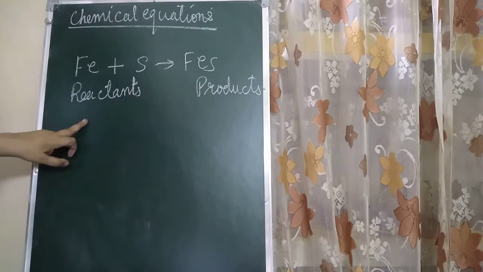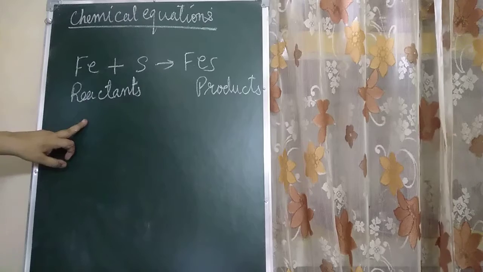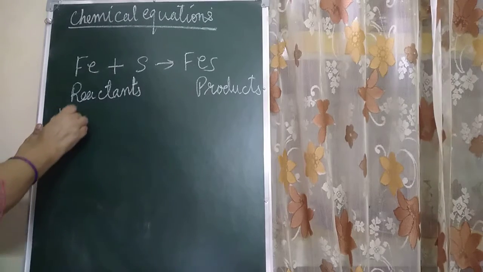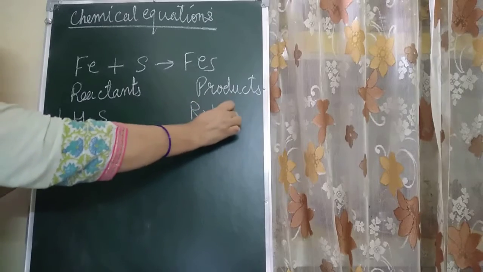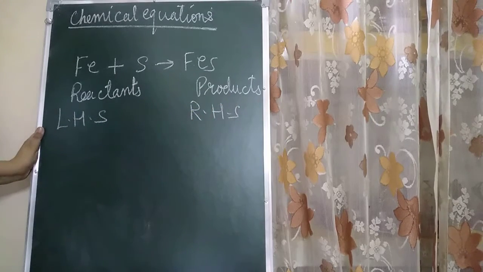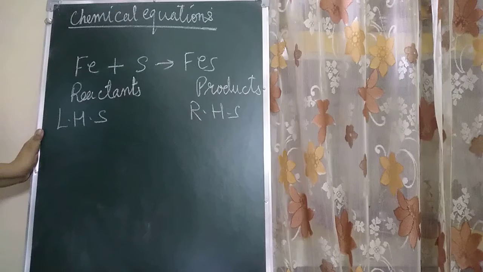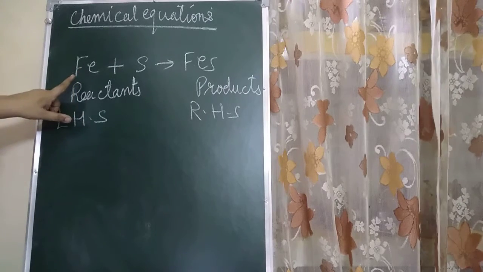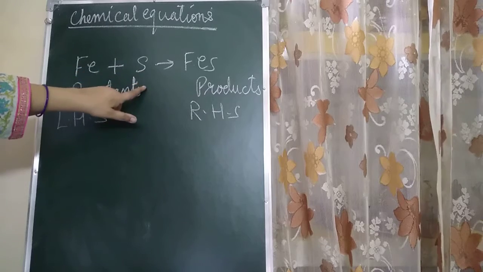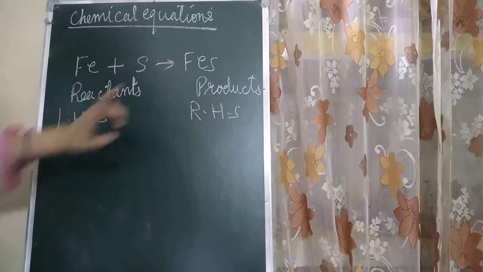The reactants are written on the left hand side of the arrow and the products are written on the right hand side of the arrow. So this represents the chemical change in which iron reacts with sulfur to form iron sulfide.